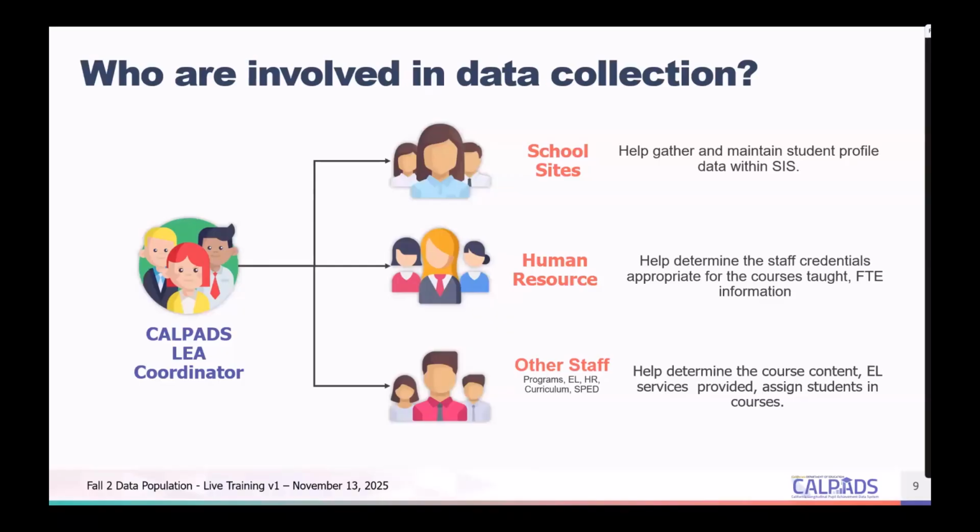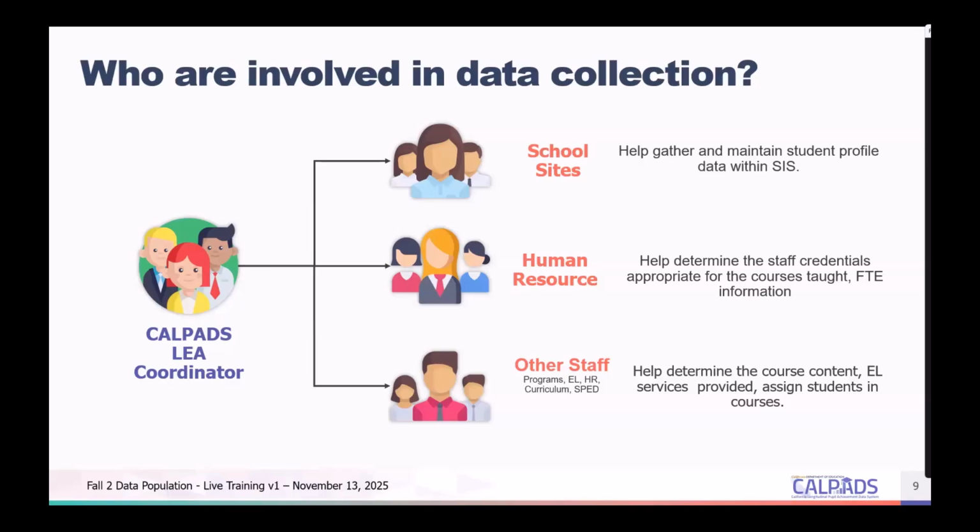As the CalPADS coordinator, your role includes communicating expectations and resources to school site staff, ensuring data is accurate and complete for each site, and creating an accurate data picture of your LEA in CalPADS.